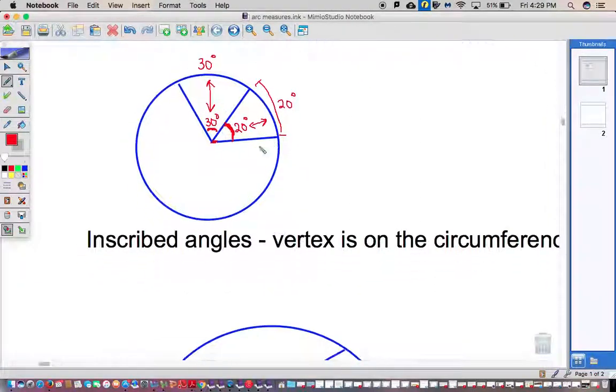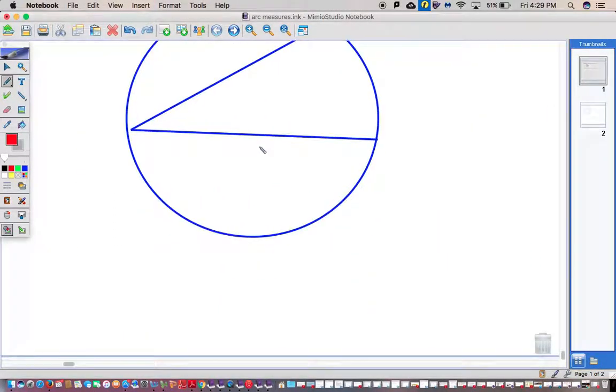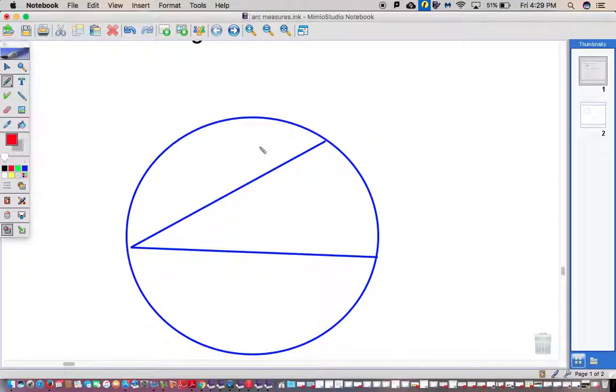Okay. Now, for an inscribed angle, it's a little different. For an inscribed angle, we're going to pretend that this actually all the way intersects here. So if this angle here is 20 degrees, then the arc is going to be twice that measurement. So this arc is going to be 40 degrees.